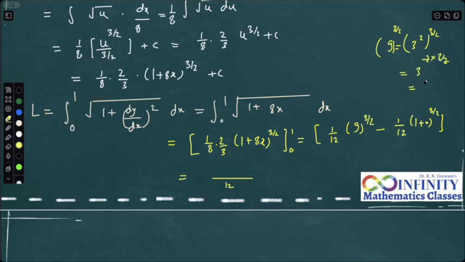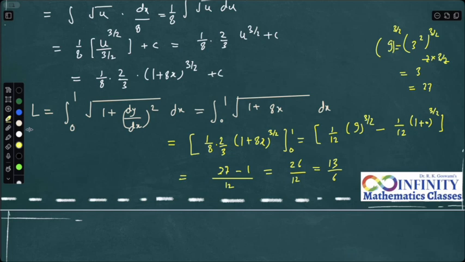This is going to be 3 power 3, which is 27. So you have 27 and then after you have only 1, which is going to be 26 by 12. And that is why it is going to be 13 by 6. Any doubt here? No. So I hope no issues are there up to this point.